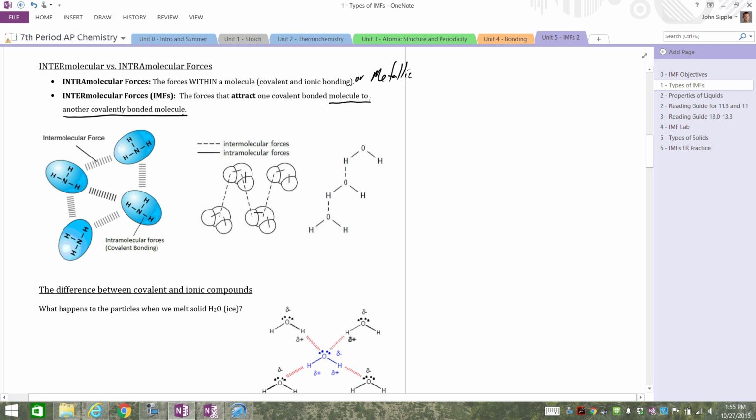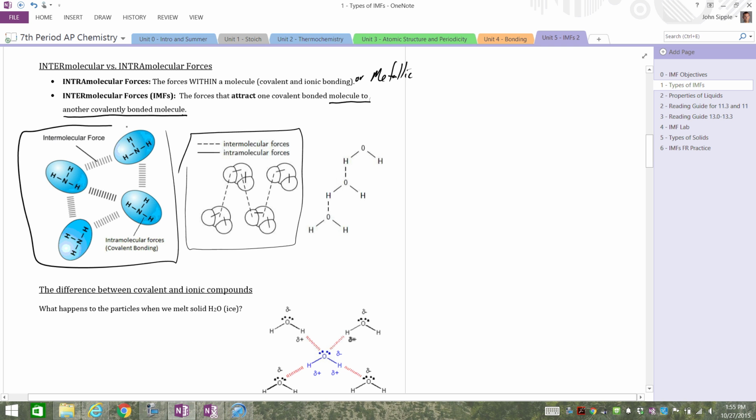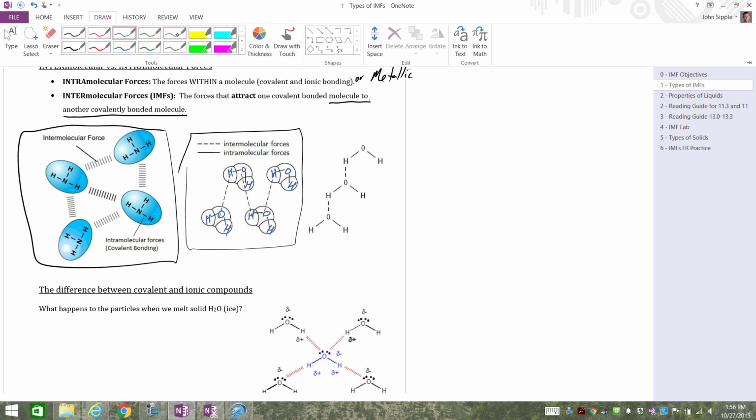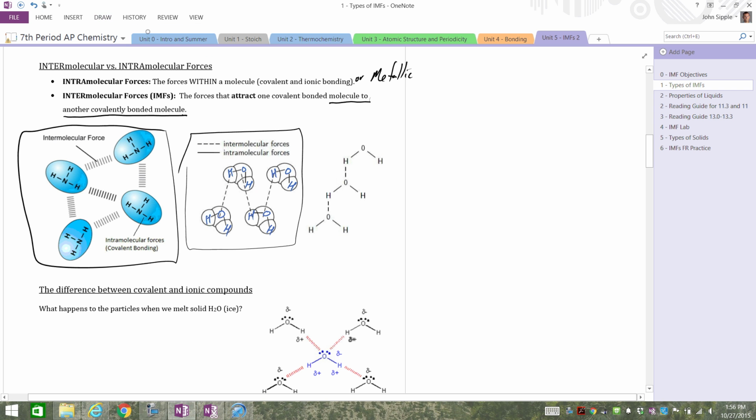I think these pictures do a really good job of this, especially these two right here. You can see that in this substance we've got H2O. Those solid lines represent the covalent bonds, the intramolecular forces, so I'll put those in green.